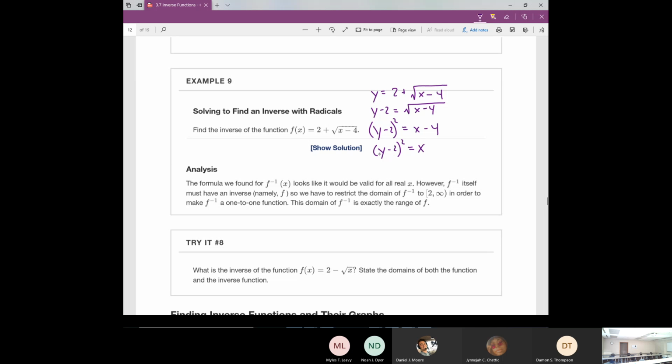And now interchange x and y. So now f inverse, calling our input x, is equal to, oh, I forgot to add 4 to both sides.